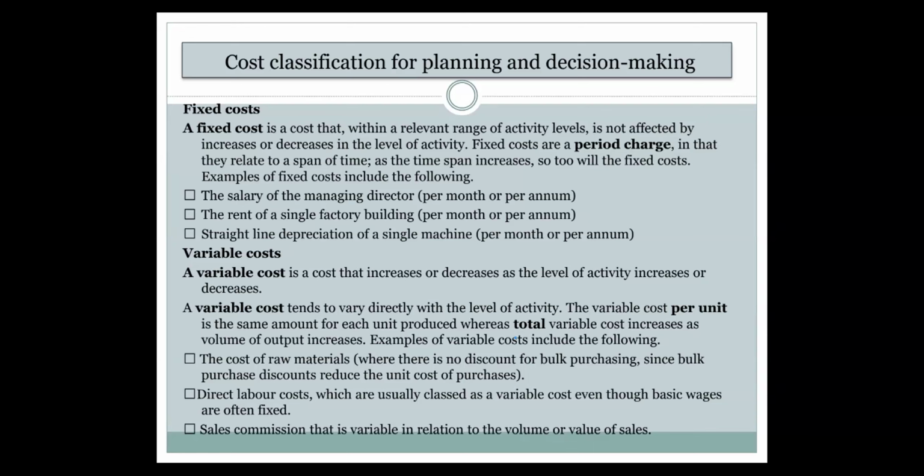So for decision making and planning, we classify cost under 3 categories: 1 fixed cost, 2 variable cost, and 3 semi-variable cost. As we know, fixed costs are the costs that within a relevant range of activity level are not affected by increase or decrease in the level of activity. The relevant range we will discuss in our next slide.